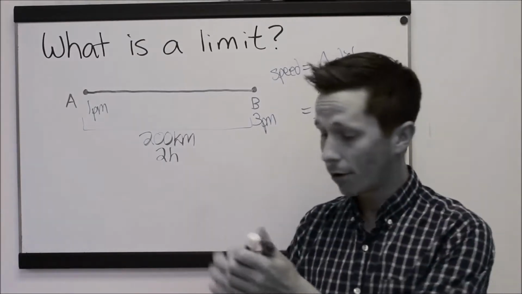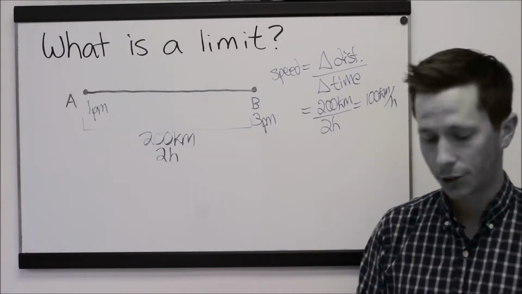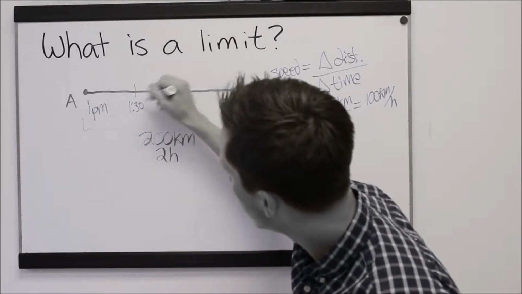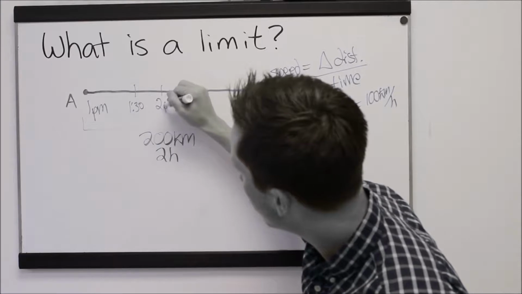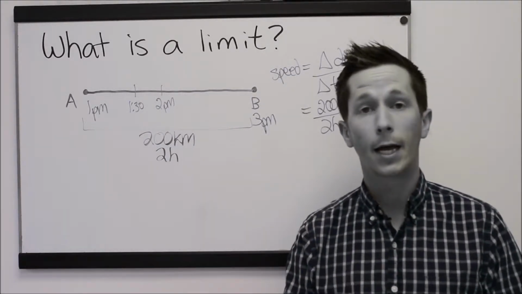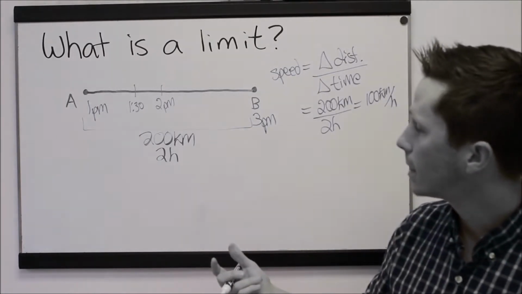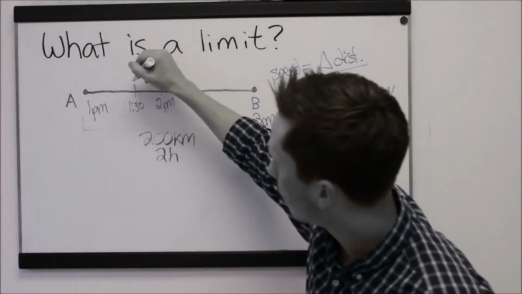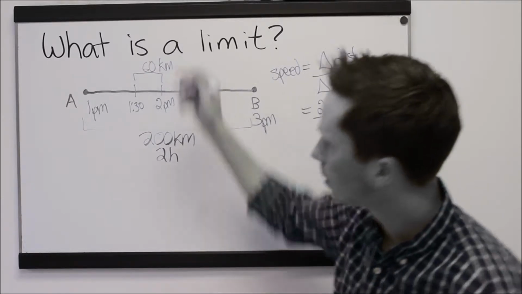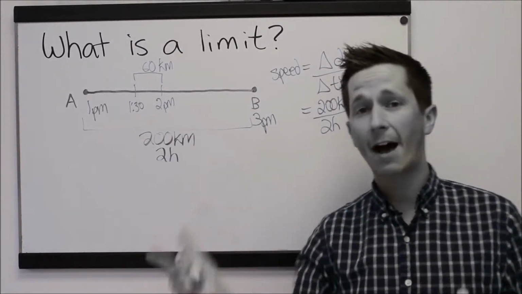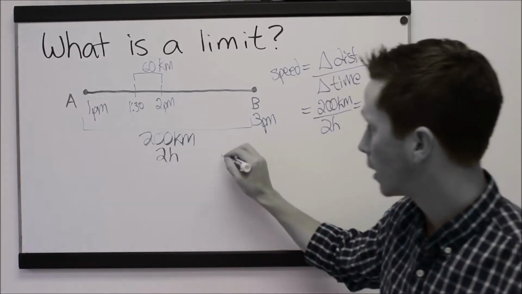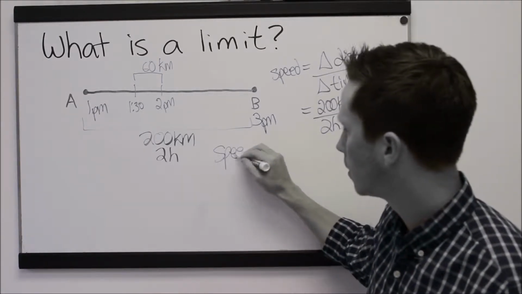Now, let's narrow down and pick a small section. Let's say from 1:30 till 2 p.m. I want to know on average how fast was I going in that period. And I'm going to say that I covered, let's say this is 60 kilometers. So again, we now have a half-hour period where I want to see on average how fast was I going during that time. So I'm going to use the same formula.